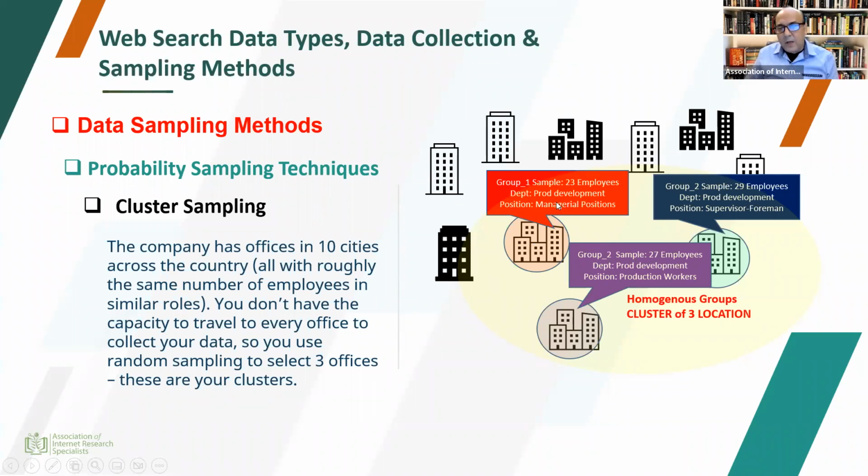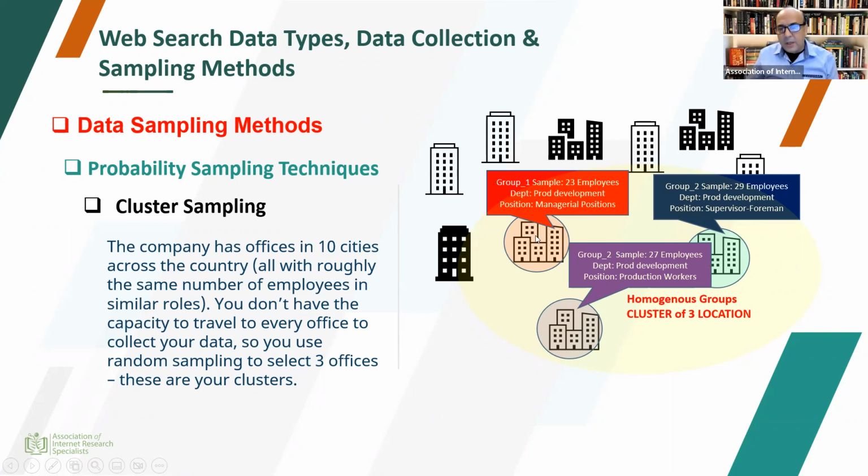So one of the ways in which you're going to obtain a cluster sample is that, first of all, the cluster itself is made once you have selected these three locations to be within a certain geographic area. So this has become a cluster.